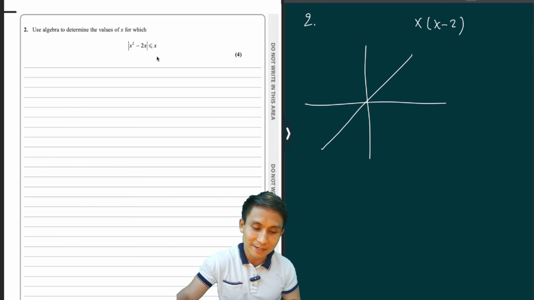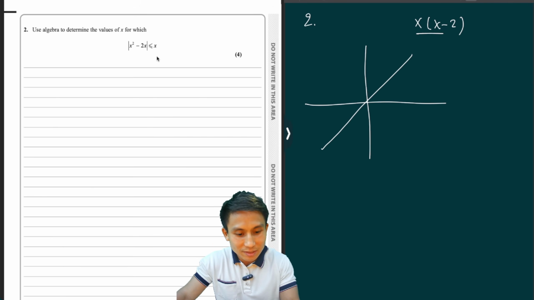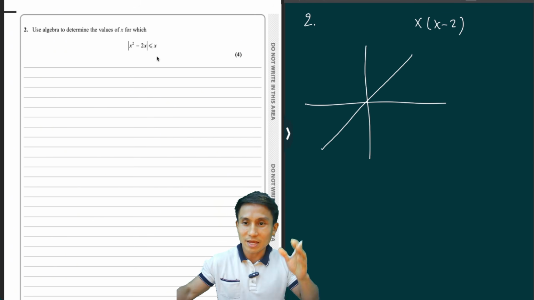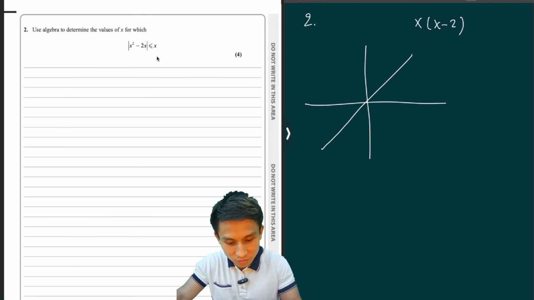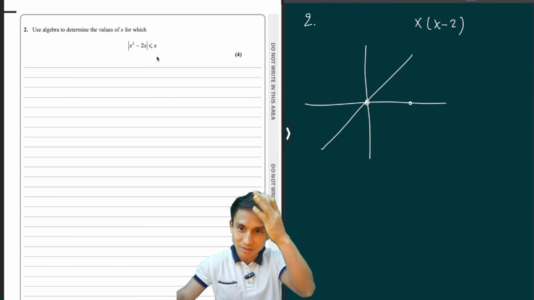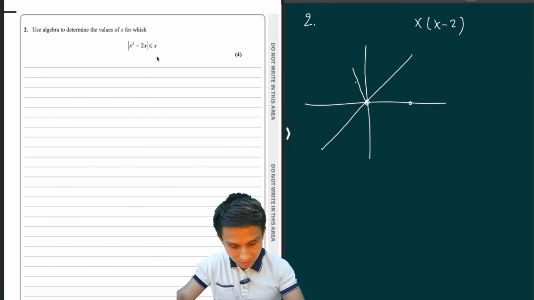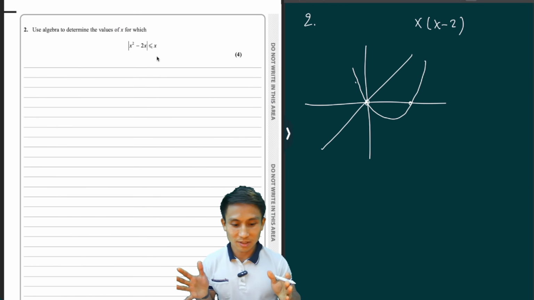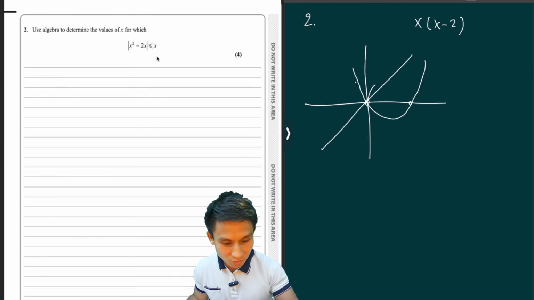That's the right hand side. And this is just a quadratic where the x-intercepts are just 0 and 2, right? And it's a normal parabola, so it's going to look something like this, without the modulus sign, of course. Now you have a modulus sign, so it's going to look maybe more like that, okay?